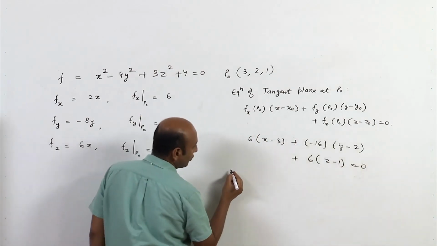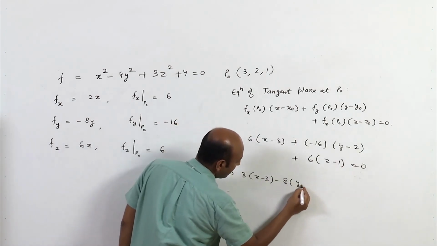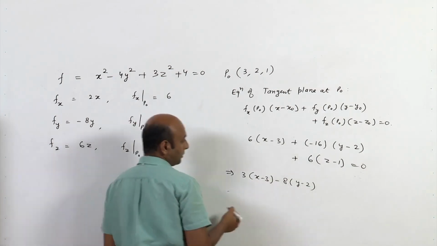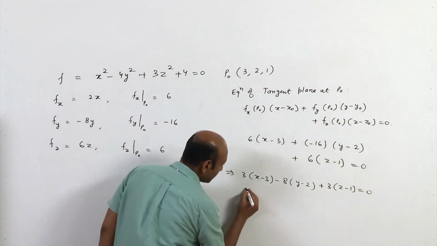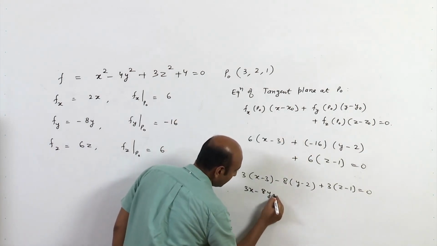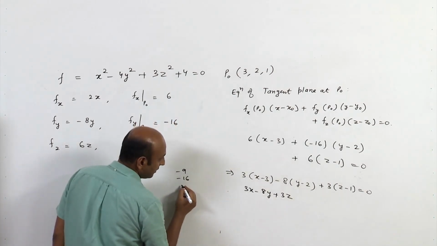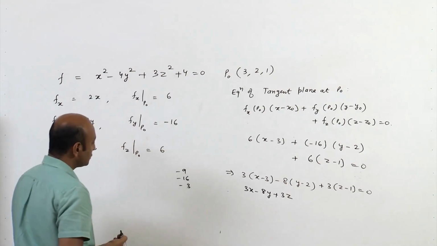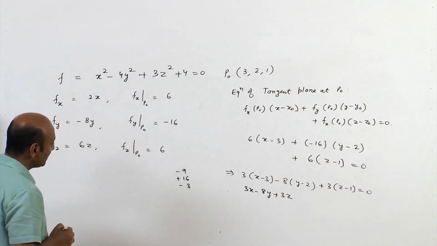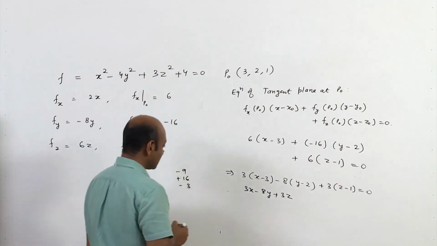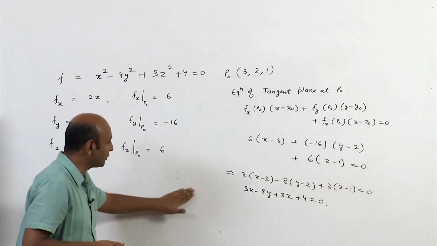You divide the entire equation by 2, which gives 3(x minus 3) minus 8(y minus 2) plus 3(z minus 1) equal to 0. It is 3x minus 8y plus 3z, minus 9, plus 16, and minus 3. So minus 12 plus 16 is plus 4, equal to 0. So this is the equation of the tangent plane.